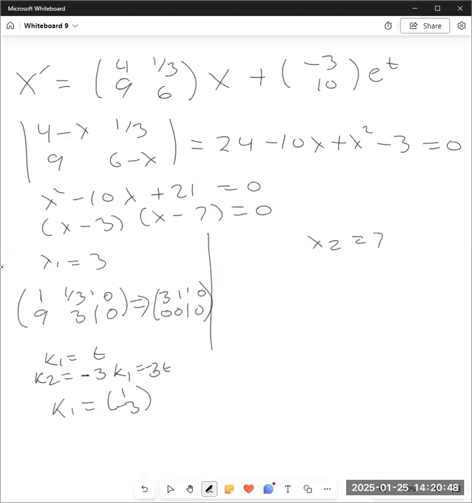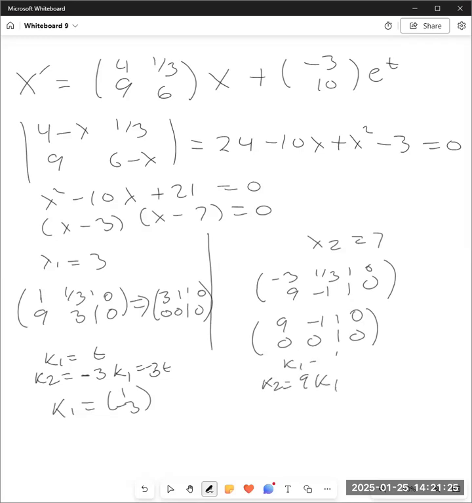When lambda 2 is equal to 7, I get 4 minus 7 is a -3, then 1, 3, 9, -1, 0, 0. I'm going to multiply the top row by -3. That makes 9, -1, 0, and then 0, 0, 0 here, which tells me that K2 is equal to 9K1, with K1 equal to t.